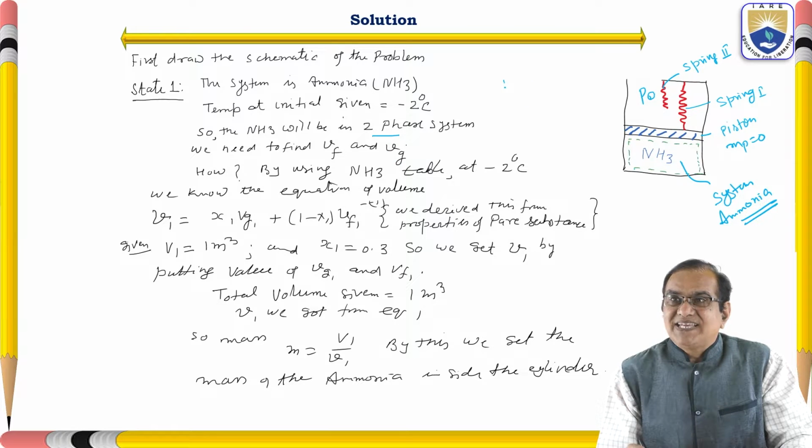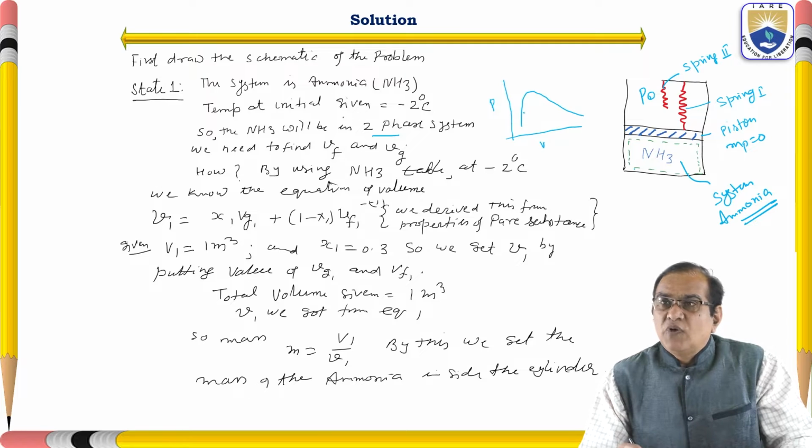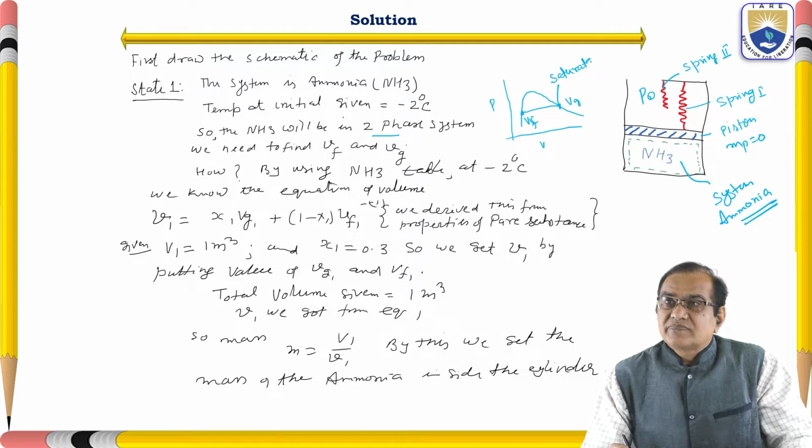If I draw it like this, you can see this is our two-phase region, on a P-V or T-V diagram. Here the volume is Vf, and at constant pressure this is Vg. This Vg indicates saturated gas, and this is the saturated liquid.